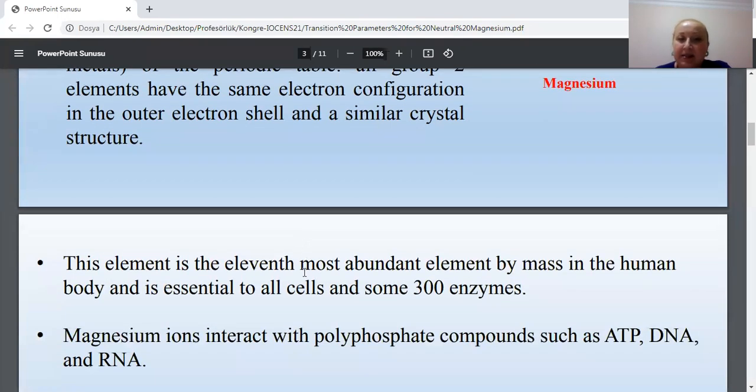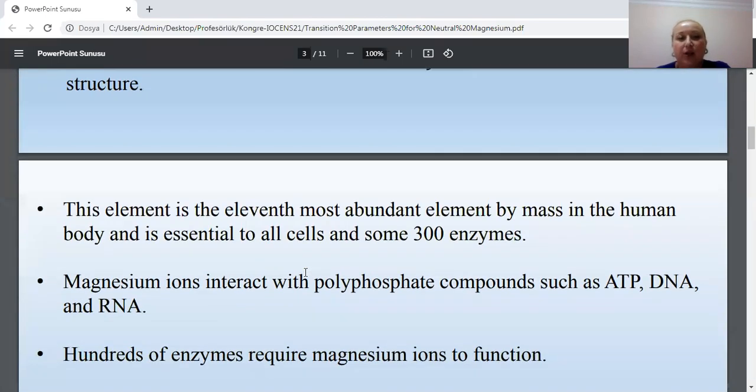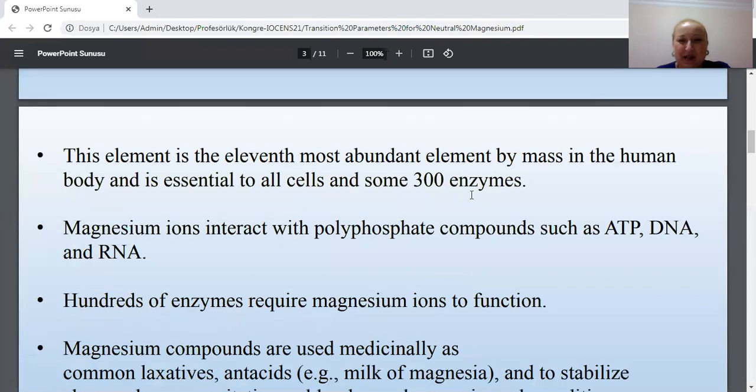This element is the 11th most abundant element by mass in the human body and is essential to all cells and some 300 enzymes. You can see these numbers. Magnesium ions interact with polyphosphate compounds such as ATP, DNA, and RNA.